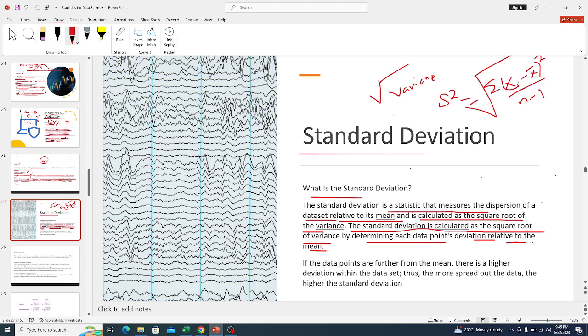That's why we are subtracting the mean: we are trying to determine the distance from each data point to the mean. If the data points are further from the mean, we will have higher deviation within the data set. The data set will be more spread out, and in this case we'll have a higher standard deviation.